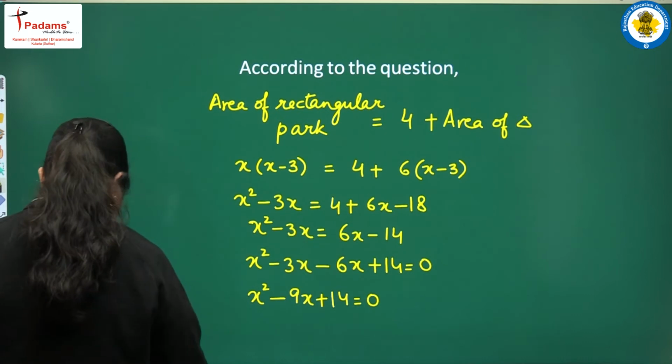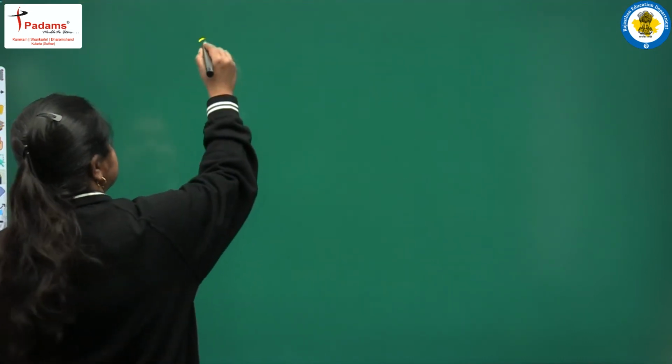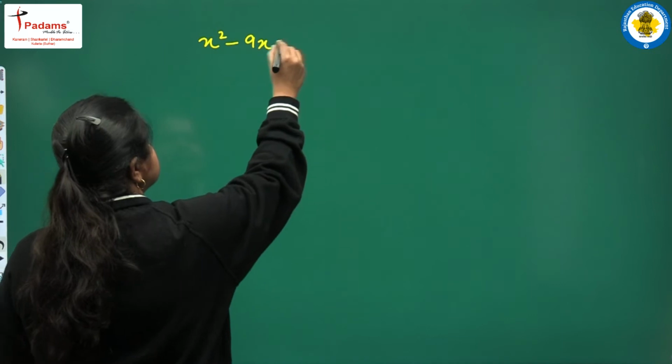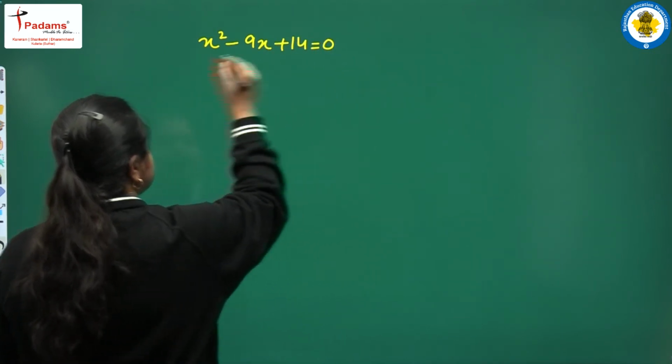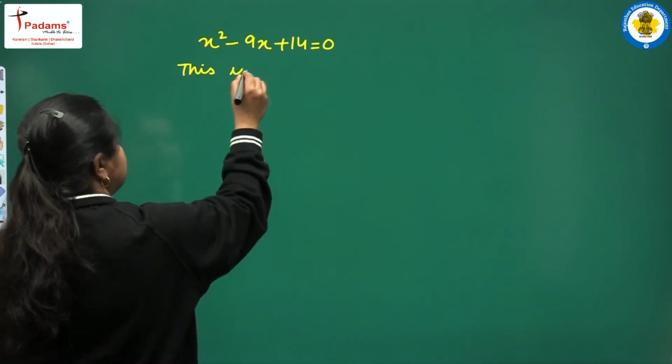We take a next page. The equation is x square minus 9x plus 14 equal to 0. This is a quadratic equation.